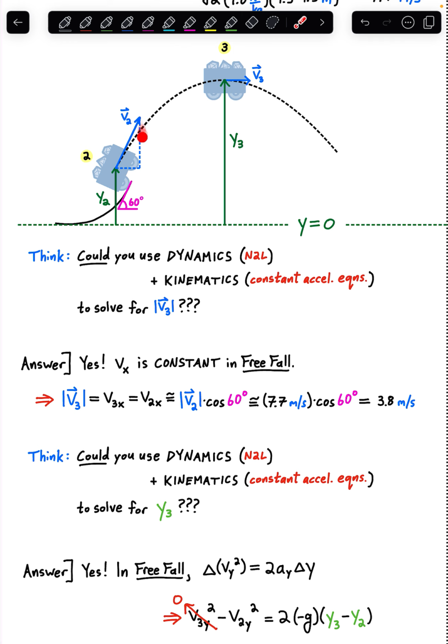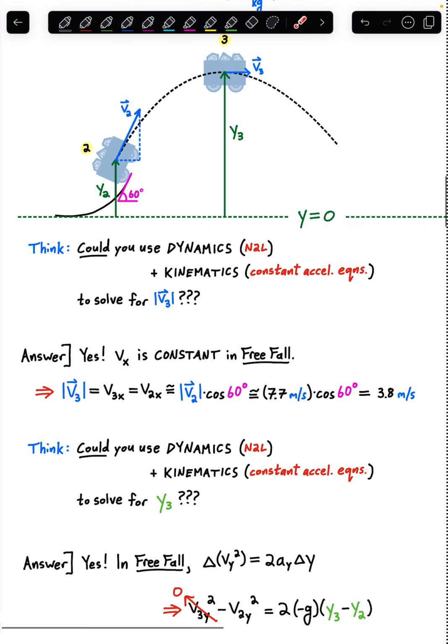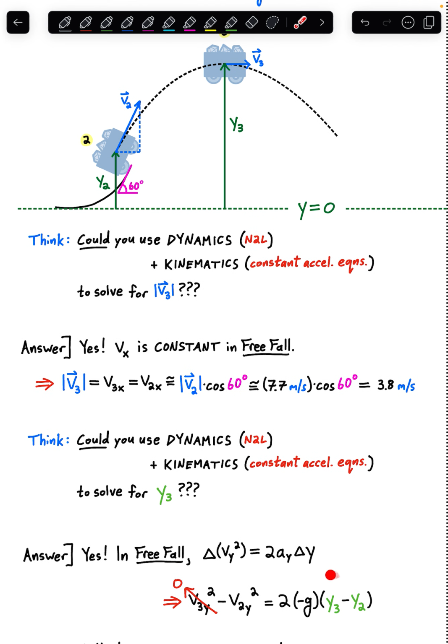We know the y component of its velocity at moment 2. We know its acceleration in the y direction while it's in free fall, and our delta y is y final minus y initial, y3 minus y2. So we could use this kinematics equation to solve for y3. No need for energy here.